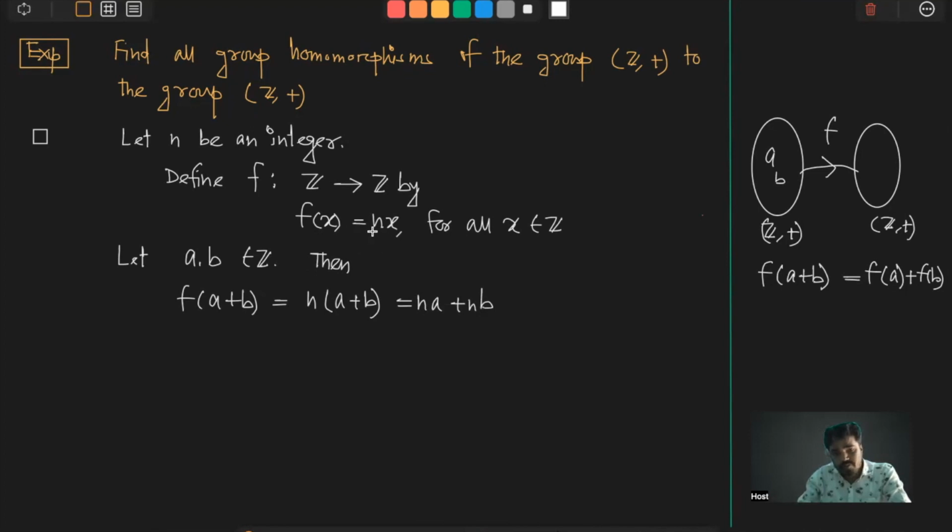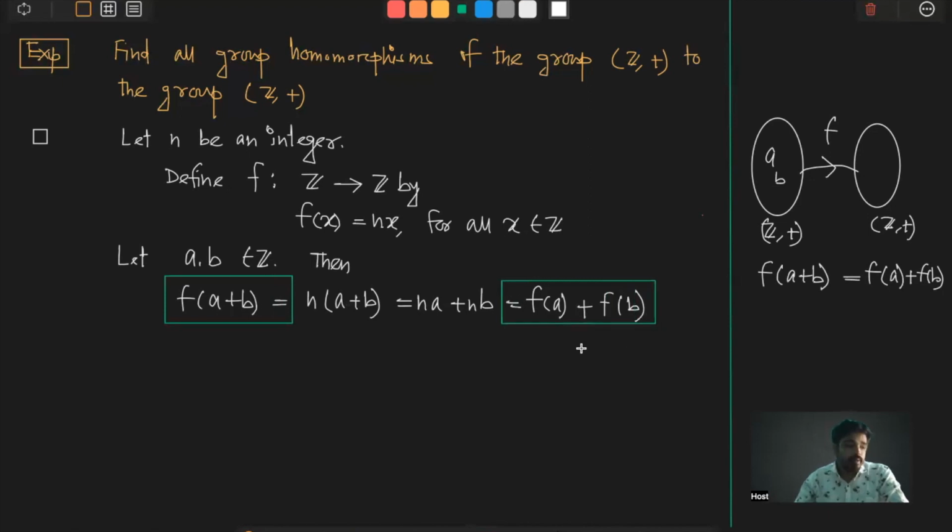What is na? nx is equal to f(x). So na will be f(a), and for nb, just put x is equal to b, so it will be f(b). So we see that f of a plus b is equal to f(a) plus f(b). Clear?